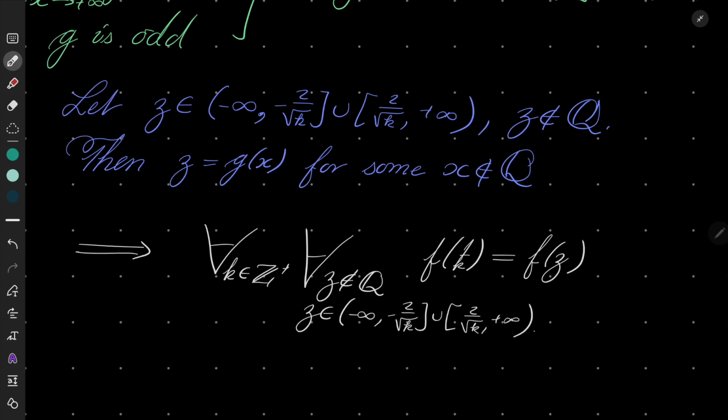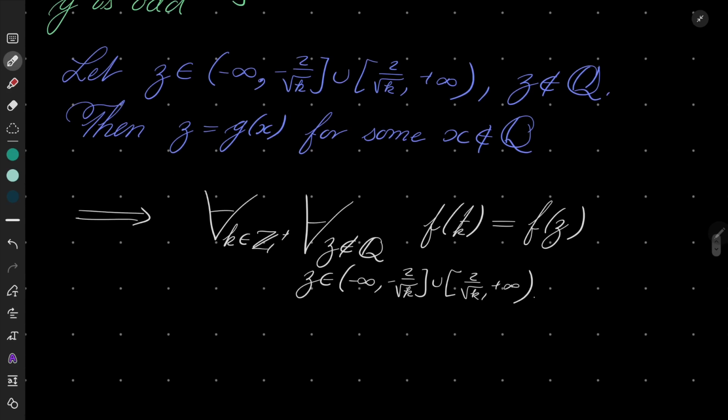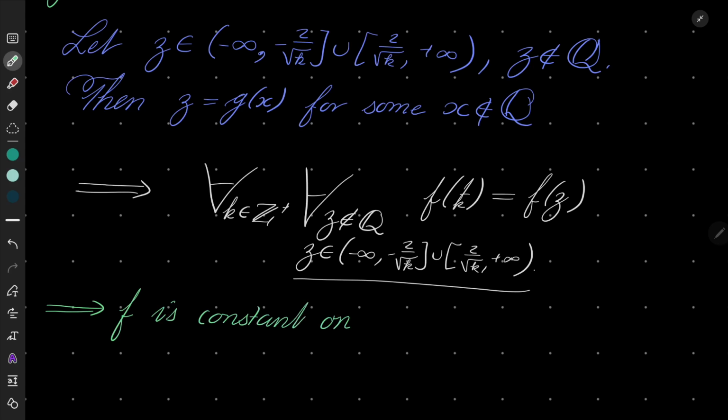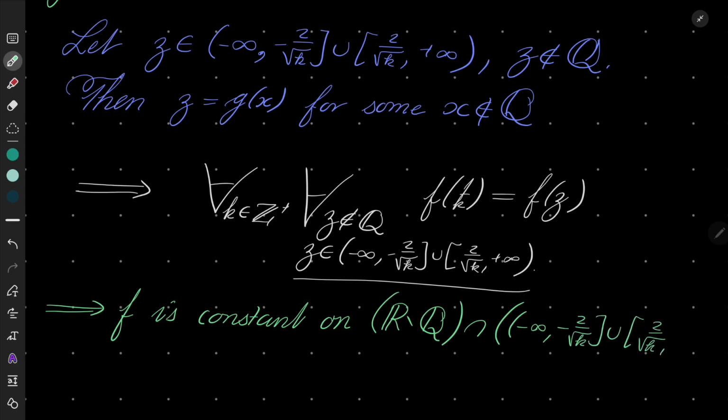Okay. So that means, in other words, that our function f is constant on the irrational numbers intersected with every interval of this kind.